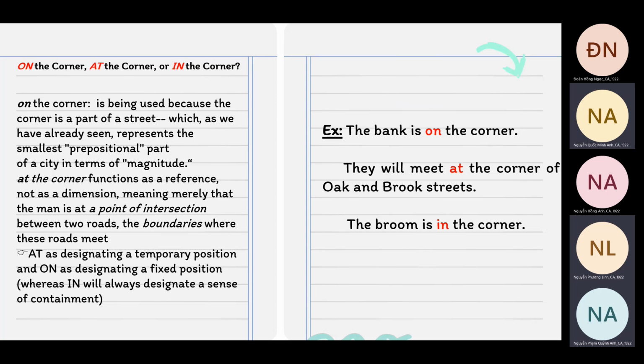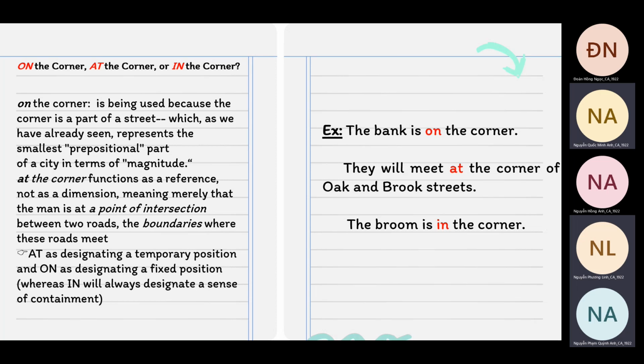At the corner functions as a reference, not as a dimension, meaning merely that the man is at the point of intersection between two roads, the boundaries where these roads meet, and acts as designating a temporary position, and on as designating a fixed position, whereas in will always designate a sense of containment.